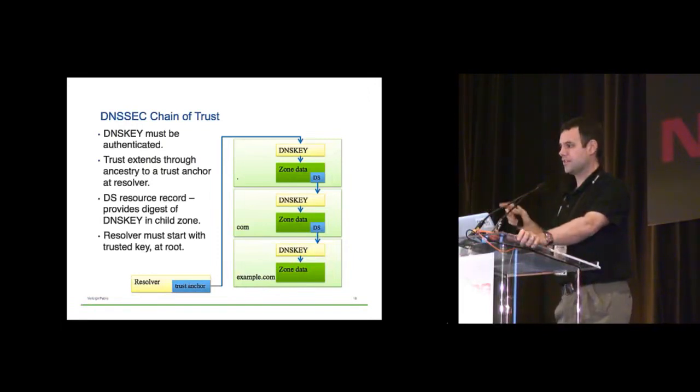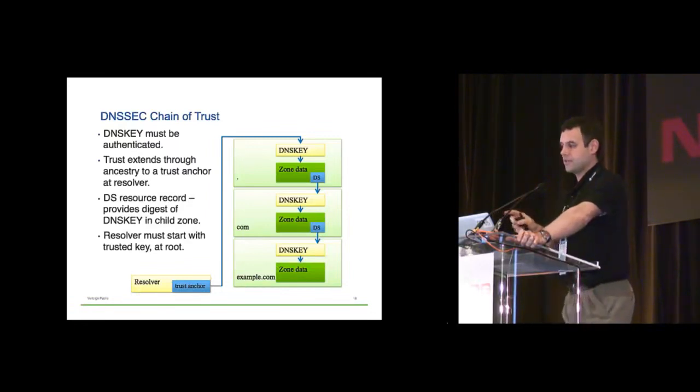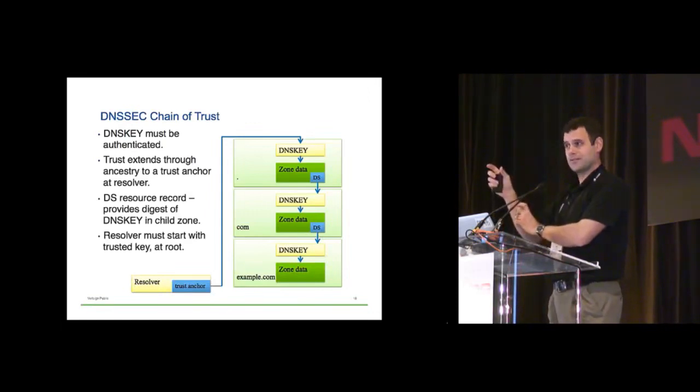So let's take this example that we have in front of us here. We have example.com, and there's some data in there, like the address records associated with example.com. These are signed with a key, and you see the public key associated with that as a DNSKEY record. Additionally, for the DNSKEY record, you take a hash of that DNSKEY record, and you form a new record called a DS record that doesn't go in the child, it goes in the parent.